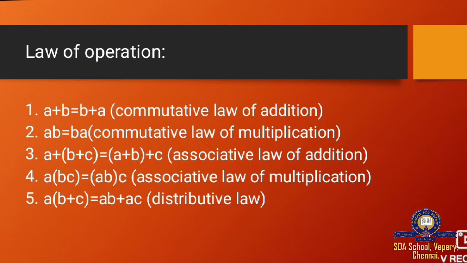The third law is the associative law of addition. We write a plus b plus c is equal to a plus b plus c. Next, the associative law of multiplication. We write it as a b c is equal to ab into c. Next, the distributive law. We write it as a into b plus c is equal to ab plus ac.